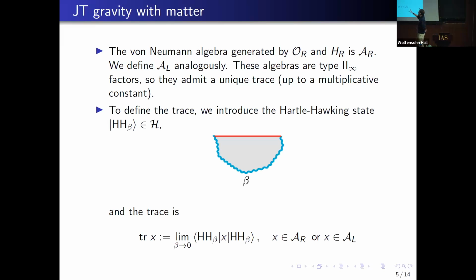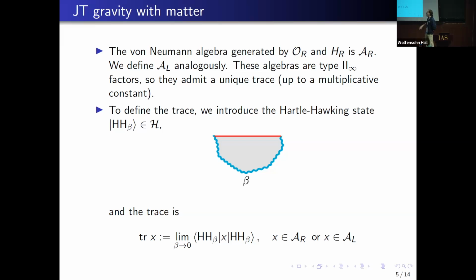Basically, we introduce the Hartle-Hawking state, which is in the Hilbert space, and it's defined by doing this Euclidean path integral. So on one boundary, the blue boundary, we put the usual Euclidean AdS2 boundary conditions, which includes the specification of a renormalized Euclidean length beta, which is dual to the amount of Euclidean time evolution on the boundary.